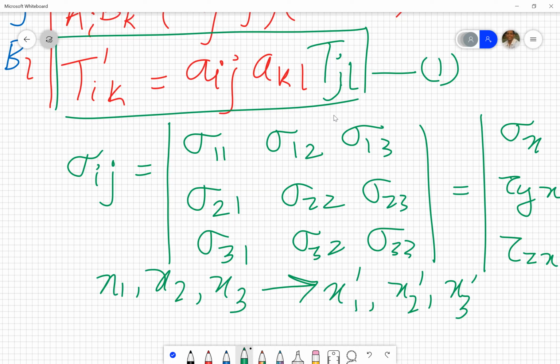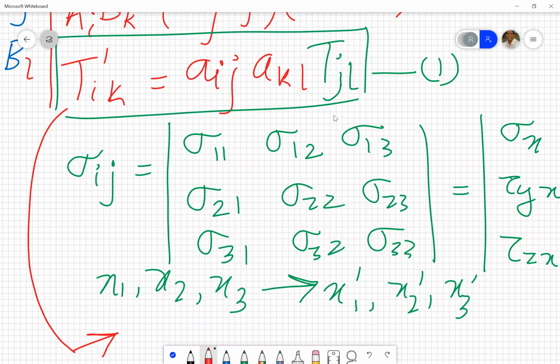Now how can you write these equations? In the same format that is written over here, we can write the stress tensors, the stress transformations. So we can write it like that here.